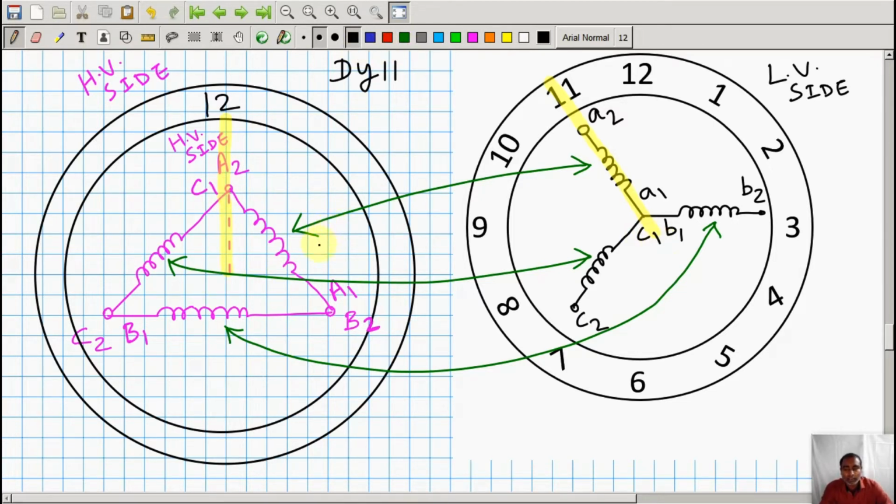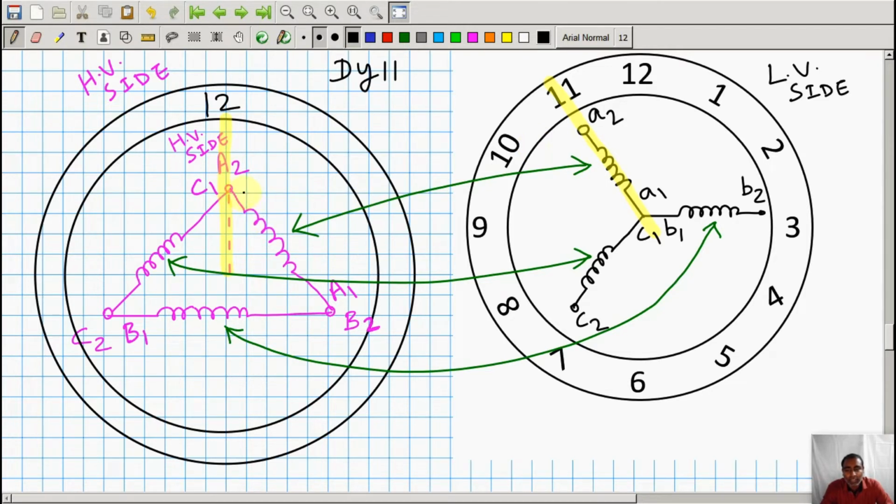So this is a very important thing we should remember, that whenever we are drawing the phasor group connections for a three-phase transformer using the clock method of designating the angles, the phase difference between the line EMF of the HV and LV side, then when drawing the connection diagram we should always make sure that the phase windings on the HV and LV side are drawn parallel to each other.